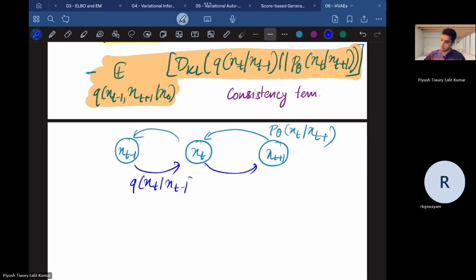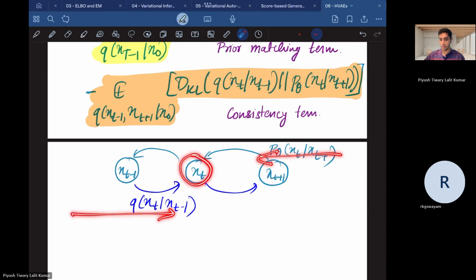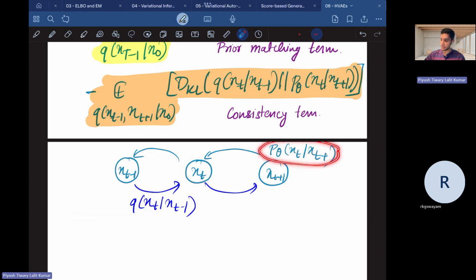Do you see what this term is doing? It is saying that the distribution at xt, when you are coming from this side or this side, should be the same. At xt your distribution should be consistent. This distribution p theta of xt should be equal to q of xt given xt minus 1.